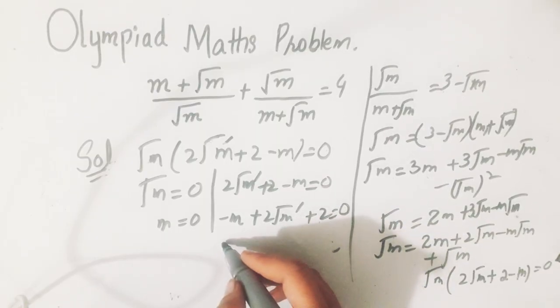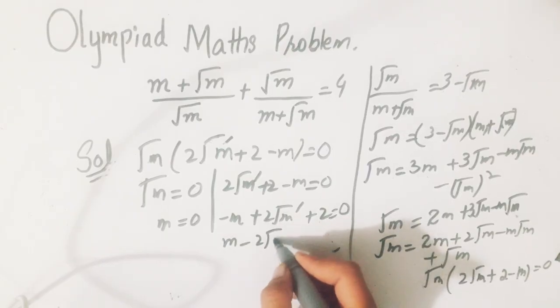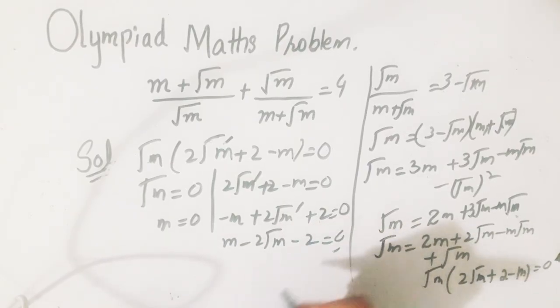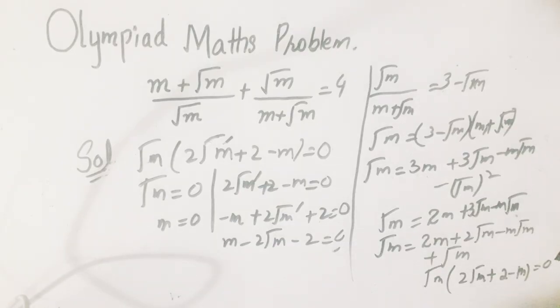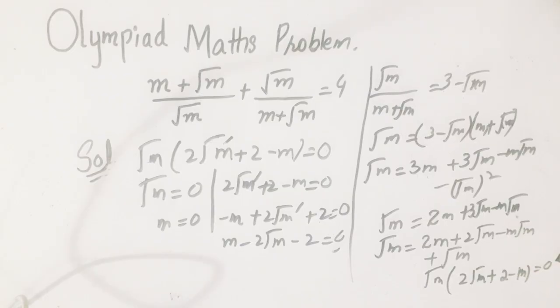So it will become m minus 2 root m minus 2 equals 0. Now it is not possible to make the factors because roots will be rejected. For this purpose, we will use the completing square method.